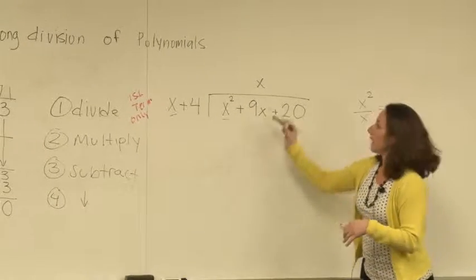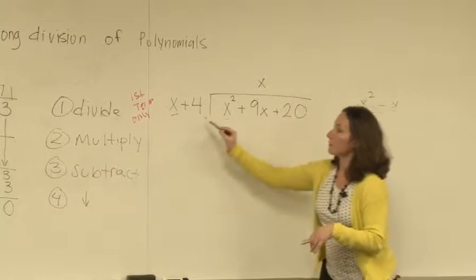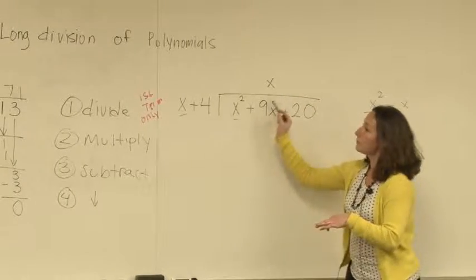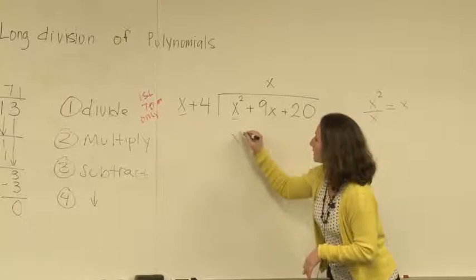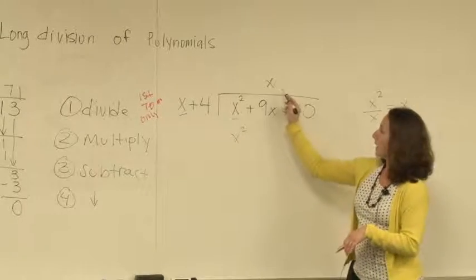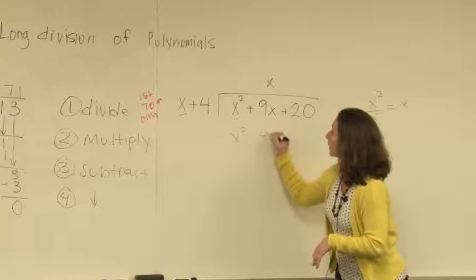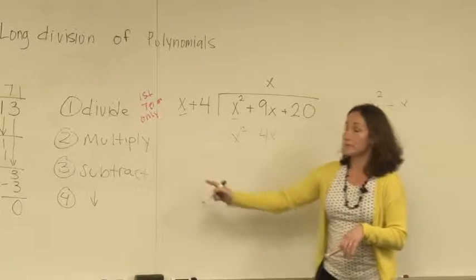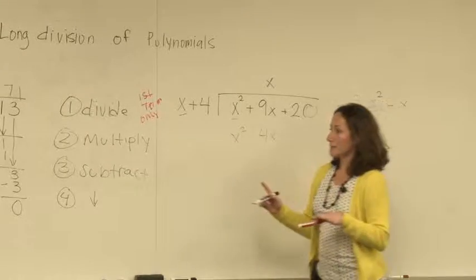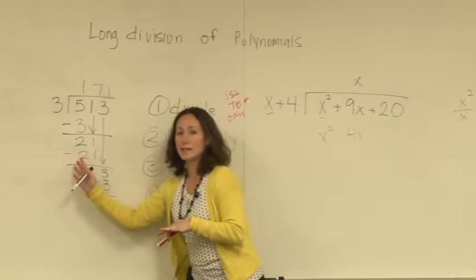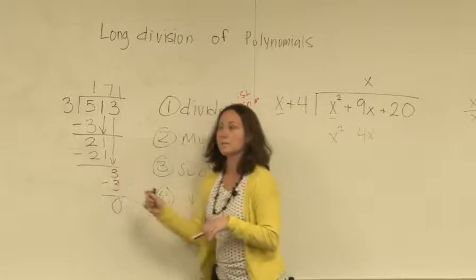Step 2 is multiply. And when we're multiplying, there are 2 terms over here, so we're going to multiply both of them. x times x is x squared. x times 4 is 4x. All right, so we're up to step 3, right? The subtraction. Remember when I said over here, when we're subtracting, we remember to subtract both columns.